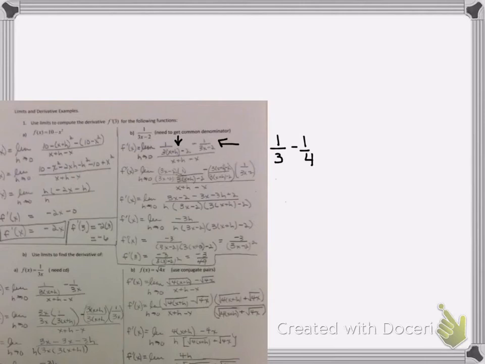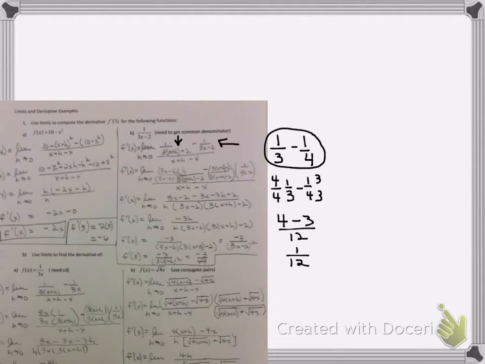Wouldn't I have multiplied the 1/3 by 4 over 4 and the 1/4 by 3 over 3, and that would have given me 4 minus 3 over 12, which would have been 1/12 for that fraction. So this messy fraction, which is two fractions, really is equivalent to this one fraction, and that's my goal for my difference quotient.